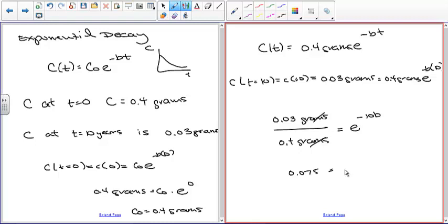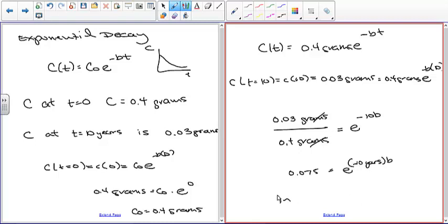And e to the minus 10b. Now, speaking of units, 10 has units of years, which I didn't put in here. So b would have units of 1 over years, because the exponent always has to be unitless to be exact here. So since I'm dealing with units today on this particular example, let's go ahead and stick in years here. So it's negative 10 years times b.